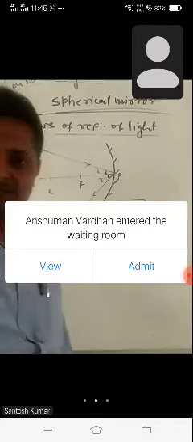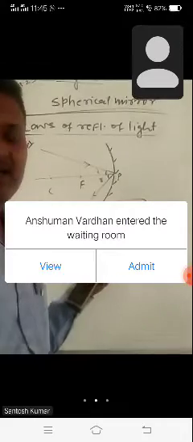So the angle between the incident ray and the normal is regarded as angle I, and as per the law of reflection, it reflects back like this. When you measure this angle R, you will get angle I and R to be the same. It means when the light ray is directly incident at the pole, it reflects back as per the law, angle I is equal to angle R.